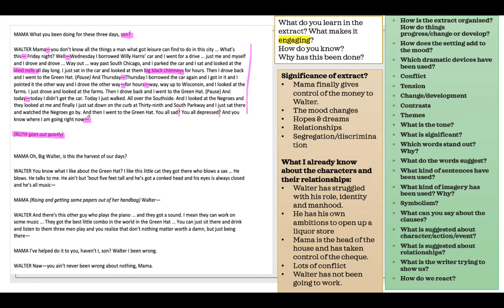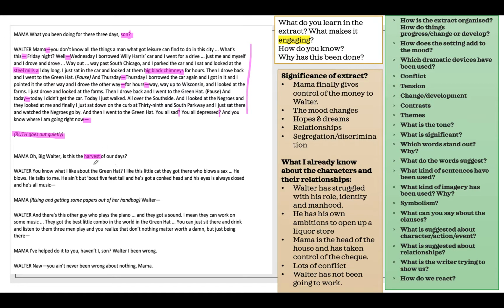And as I said before, we do have this interruption, and it's from Mama. Now, she actually isn't talking to Walter. She says, "Oh, big Walter, is this the harvest of our days?" So it's like she's lamenting the life that they have. She's calling upon her dead husband, and she's saying, "Is this it? Is this what we lived for? Is this what we worked so hard for?"